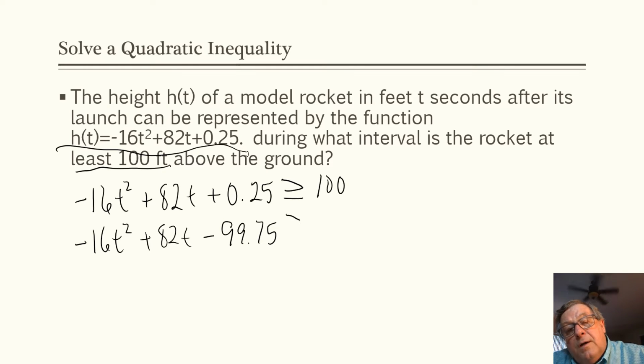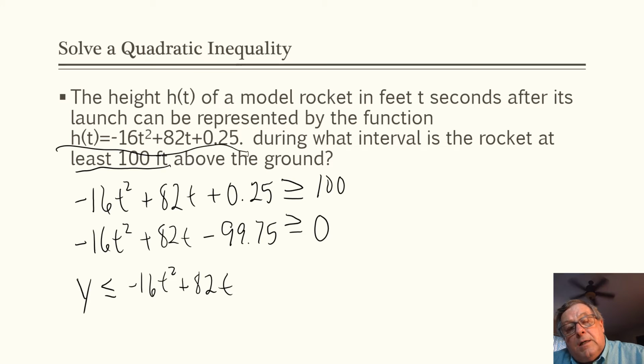And that's going to be greater than or equal to 0. Now I'm going to flip this around and substitute y for 0. So then I could say that y is less than or equal to negative 16t squared plus 82t minus 99.75.